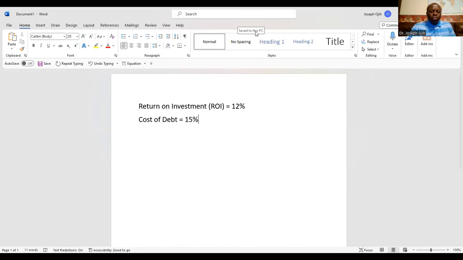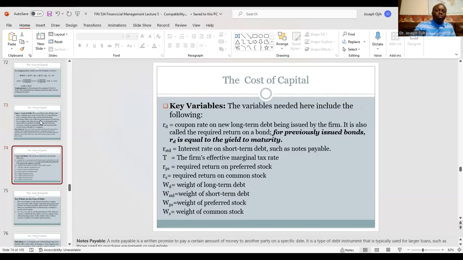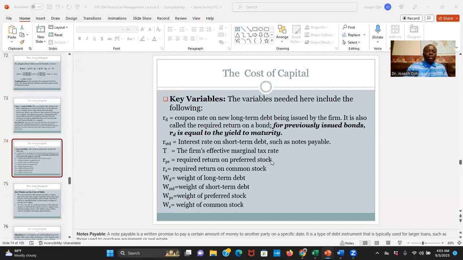So let us go back to this. When computing the cost of debt, there are some variables we need to know. We have RD, which is the coupon rate on the new long-term debt. That means how much the borrower pays on the bond.